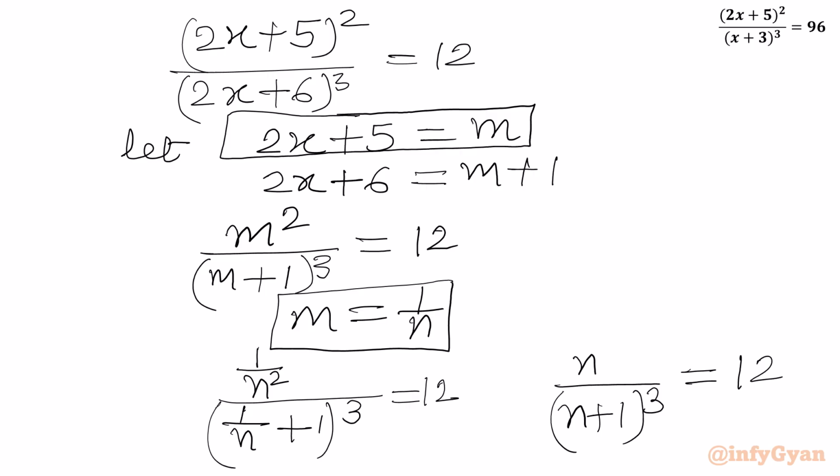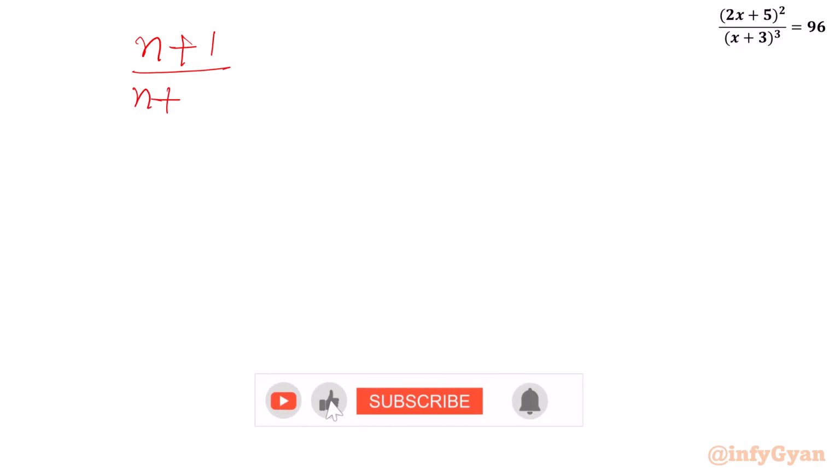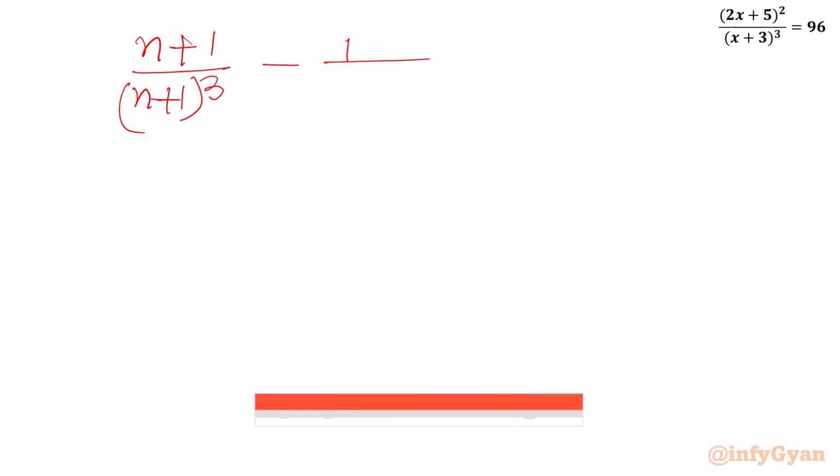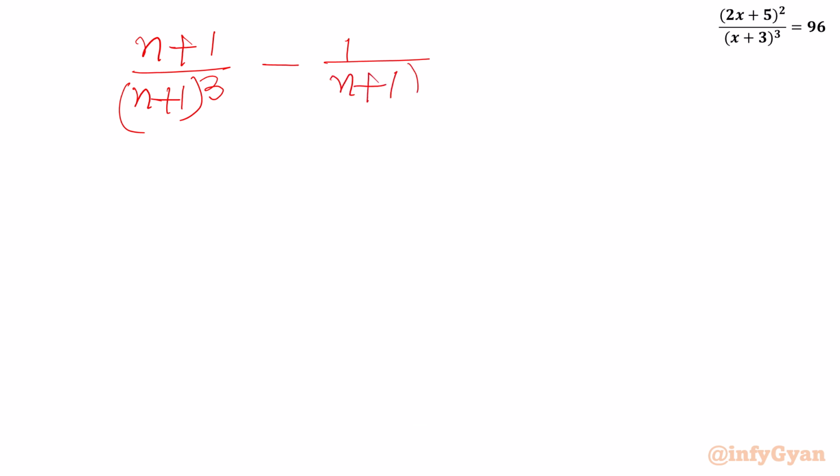I will use one manipulation step. Let me write here. I will add 1 and subtract 1. So I can write the equation as ((n + 1) − 1) over (n + 1)³, which is (n + 1) over (n + 1)³ minus 1 over (n + 1)³ equal to 12.